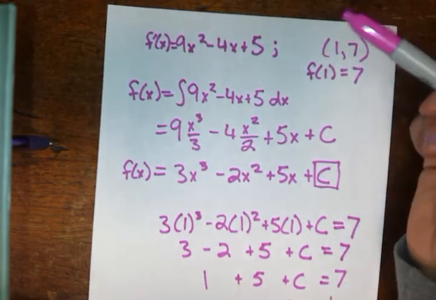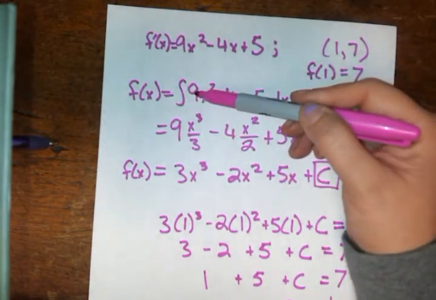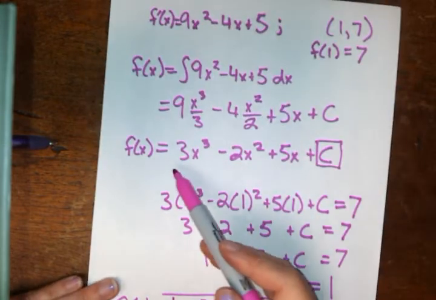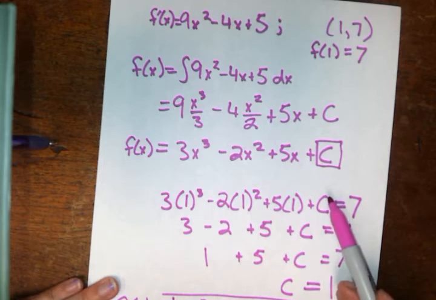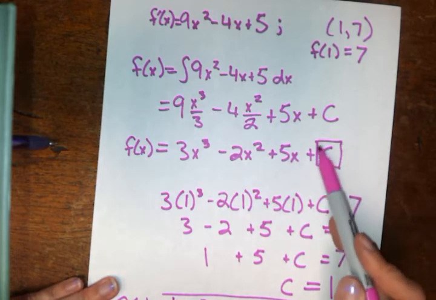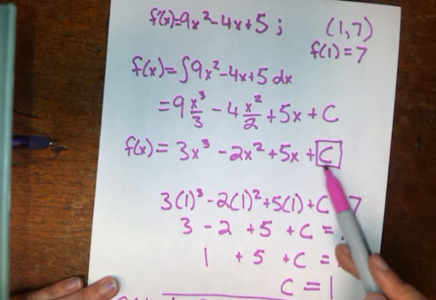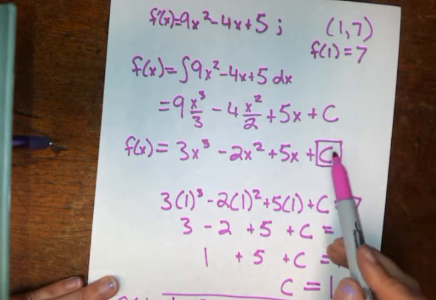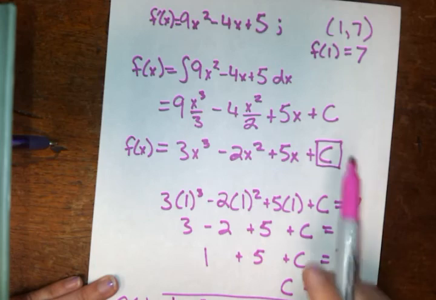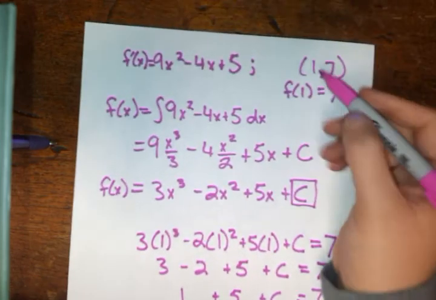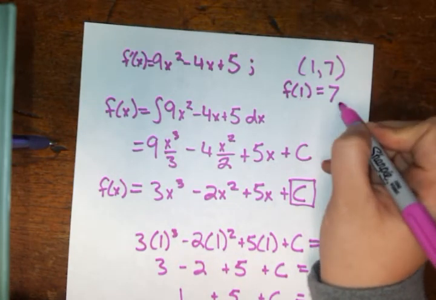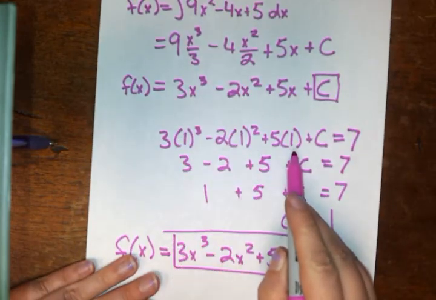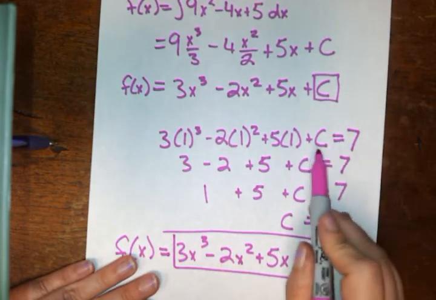Okay, so we need to find f of x. That means we just need to take the integral of the derivative. We take the integral, we come up with this simplified version here, but we've got a problem: we have a c hanging out here that we don't quite know what to do with, okay? It's not an exact answer until we know what that c is. So to find the c, we look back up here where we have f of 1 equals 7, and we're just going to plug in a 1 for each one of our x's, and then solve for c.